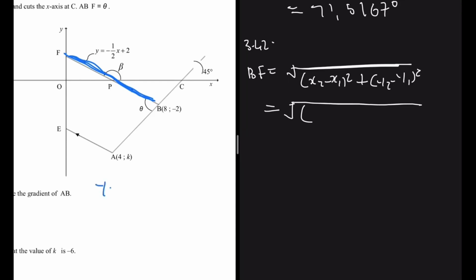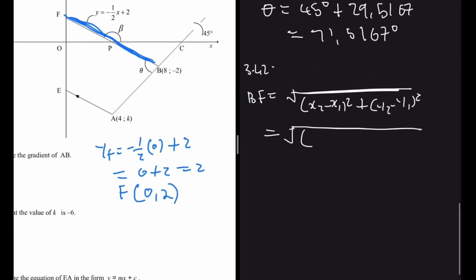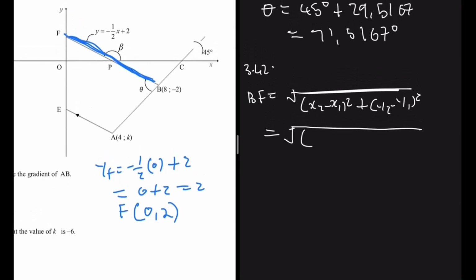So we're going to have y of F equals half of 0 plus 2. So half of 0 is 0, plus 2, that is just 2. So now we have deduced that the coordinates of F are 0 for the x and 2 for the y. Let's take point F as our second point and B as our first point, right?